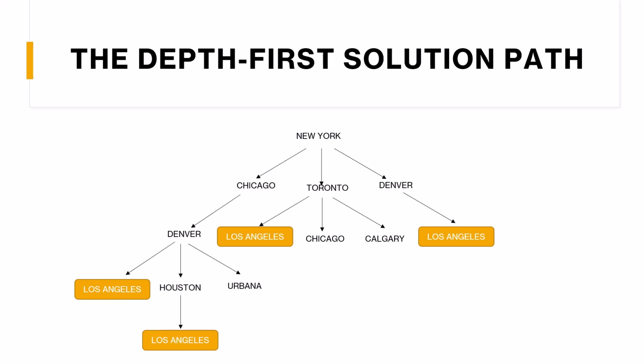And the solution path we found using depth first was this one, New York to Chicago, Chicago to Denver, Denver to Los Angeles. Now, of course, we wouldn't have found this directly. As you saw in the code, we've used recursion. So what we've done first is we've looked at flights from New York to any other place, and then from any other place to the destination. And that's how we've arrived at this solution path.